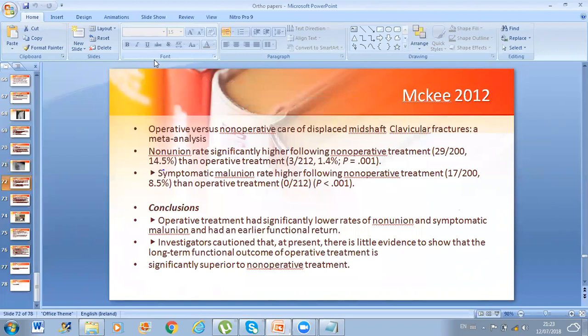But he found that non-union rates are significantly higher following non-operative management than operative management, 15.5 to 1.4%, and symptomatic malunion rate is also higher in the non-operative group. The conclusion was that operative treatment gives significantly lower rates of non-union and symptomatic malunion and an earlier functional return.